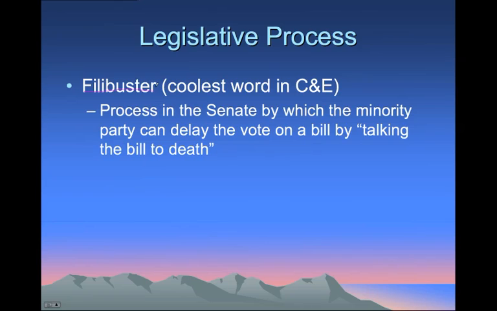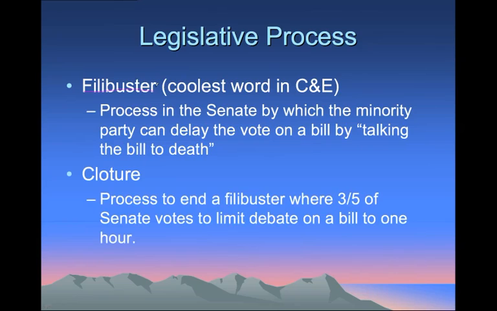Now, anymore, the filibuster does not necessarily follow this protocol. Really, the minority party only has to threaten a filibuster. And if they threaten that filibuster, then what happens is the majority party has to vote for what's called cloture. And cloture is a process to end a filibuster.